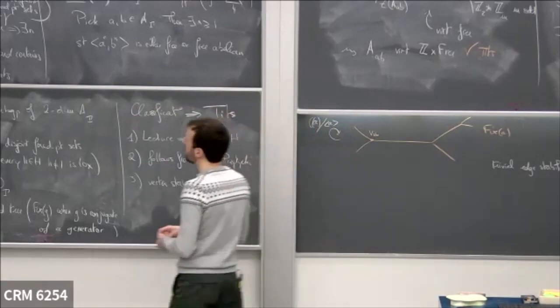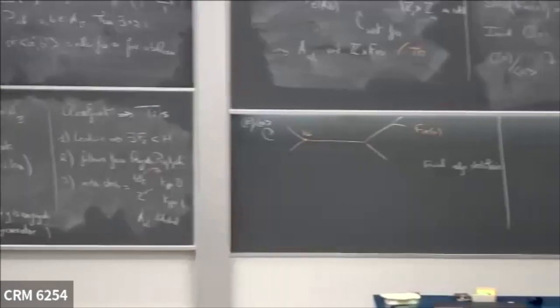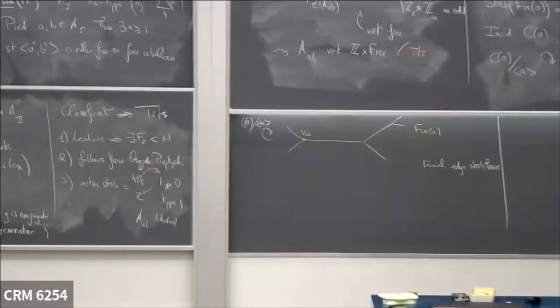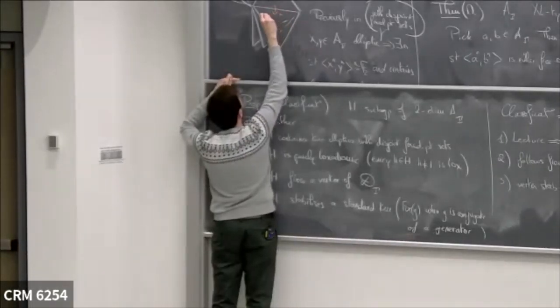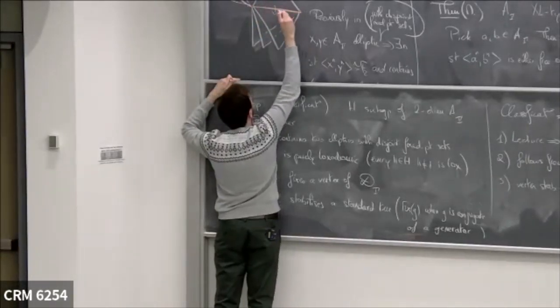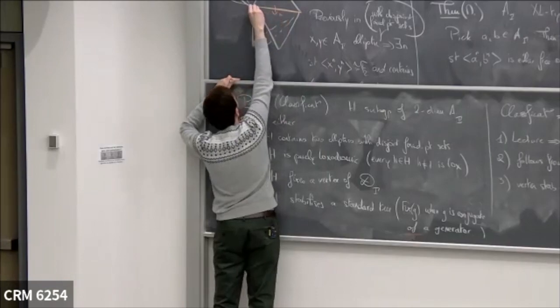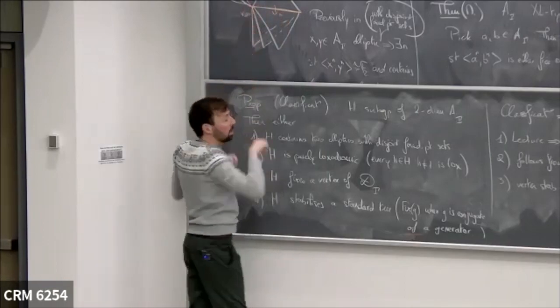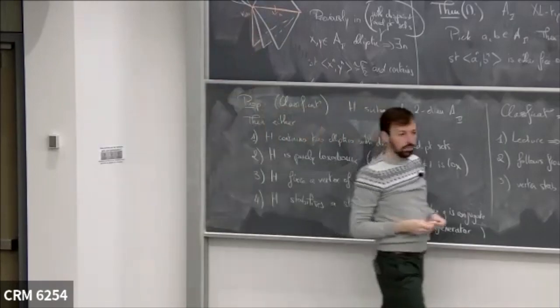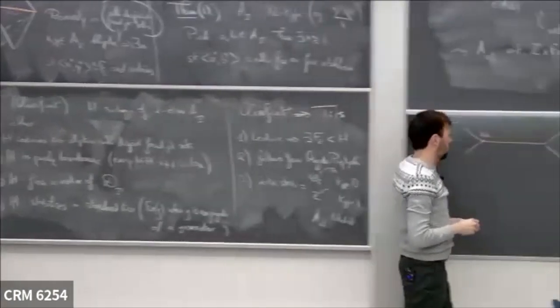So the picture, if I have it here: this is the edge stabilized by A, so this edge is in my fixed point set, and I'm looking, for instance, at that point V_AB here that corresponds to the dihedral Artin group generated by A and B.